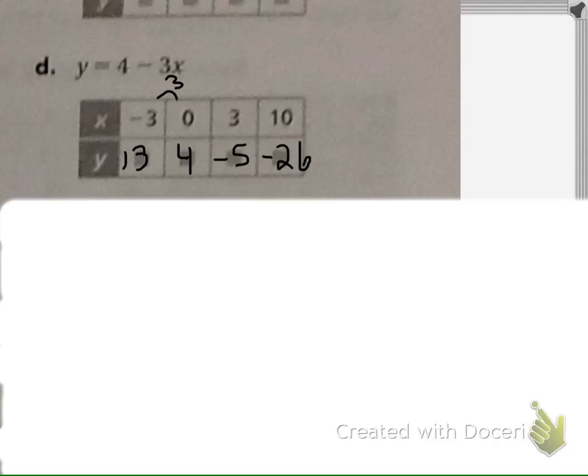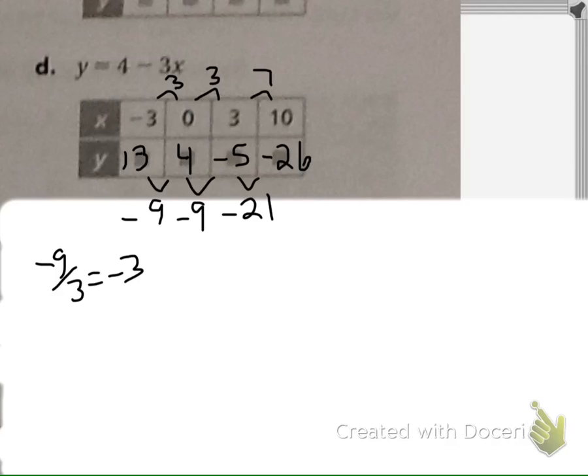This is going up by 3 each time. But then right here it's going up by 7. And then I have going down 9, going down 9, going down negative 21. So you might think it's not linear because I have different numbers here, but we still have to do the dividing. Negative 9 divided by 3 is negative 3.